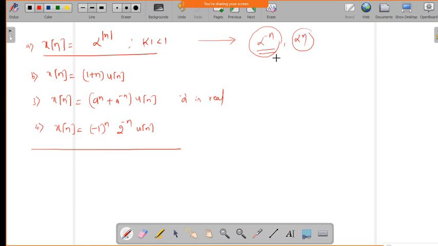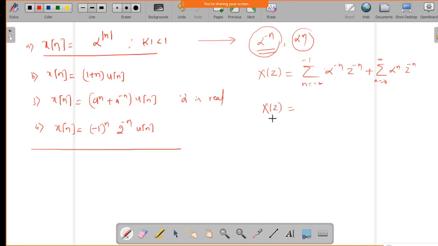So X(z) will be given by the sum for n equal to minus infinity to minus 1 of alpha power minus n into z power minus n, plus the sum for n equal to 0 to infinity of alpha power n into z power minus n. So now what can we write for X(z)?